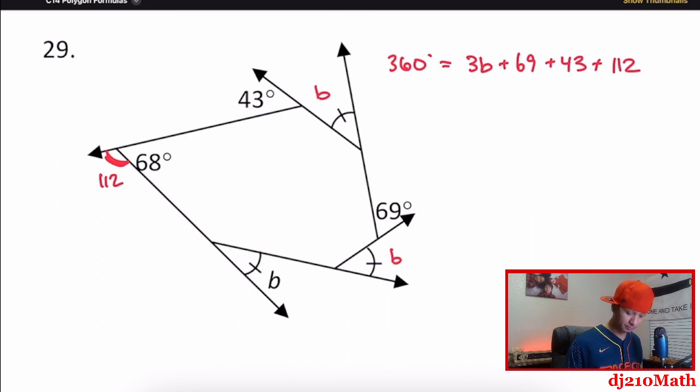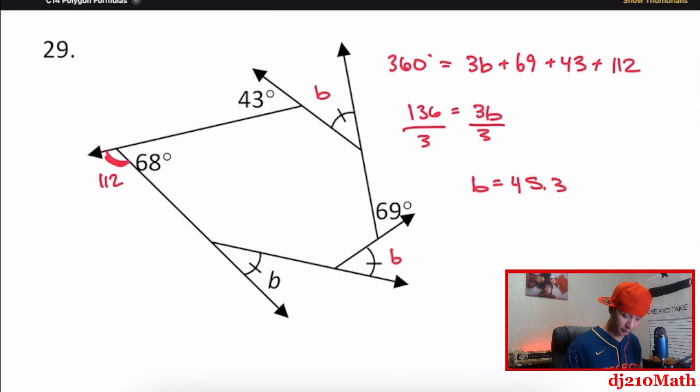We add them all up, combining like terms: 360 minus 69 minus 43 minus 112 is 136, which is equal to 3B. Divide both sides by 3. Here we get B is equal to 45.3 repeating.